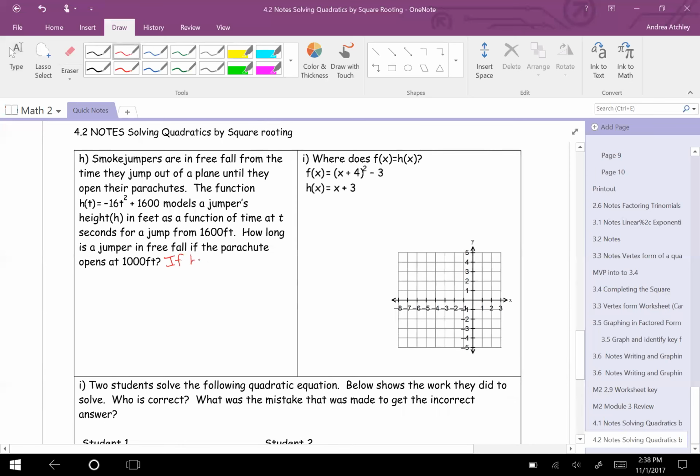if h of t equals 1,000, what is the time, in this case t?